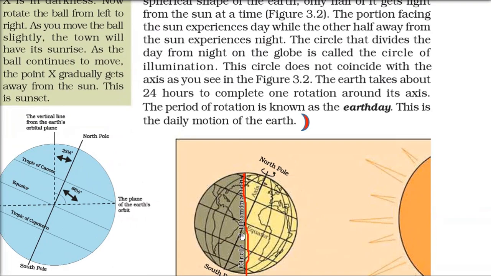This is called the circle of illumination. This circle or line is dividing the day and night parts of the Earth, one facing the sunlight, one not facing the sunlight.